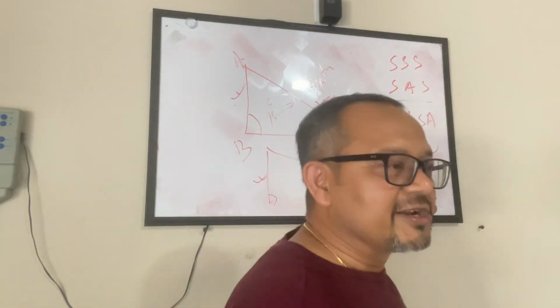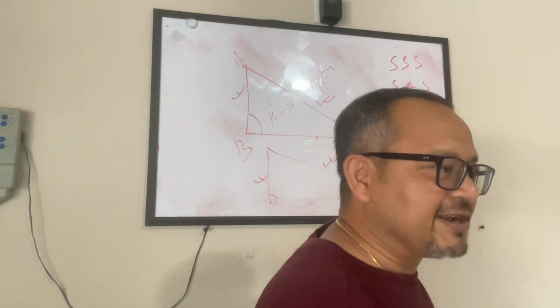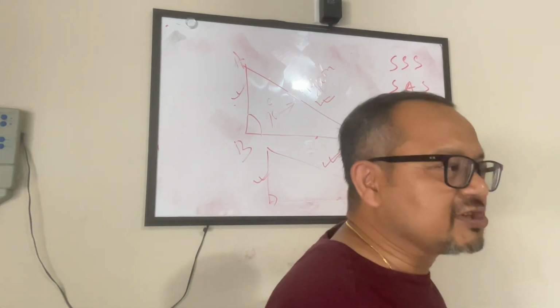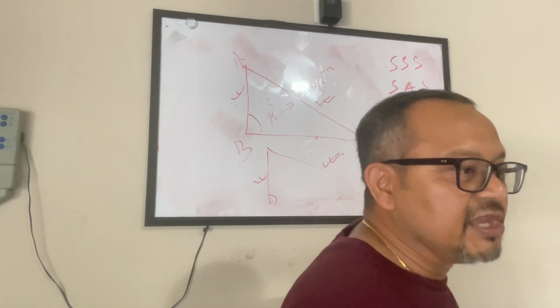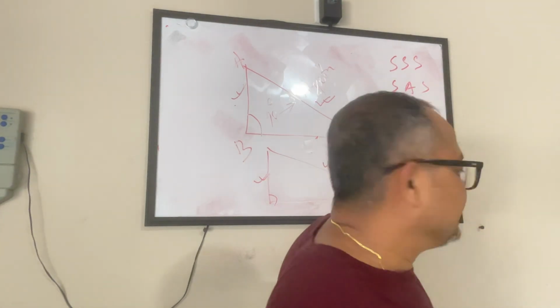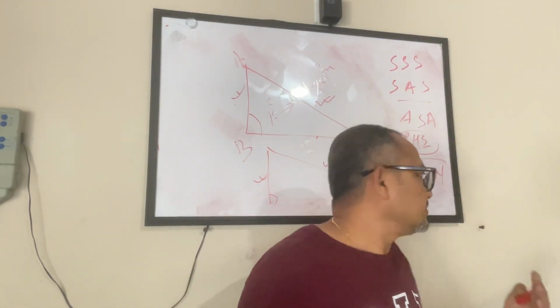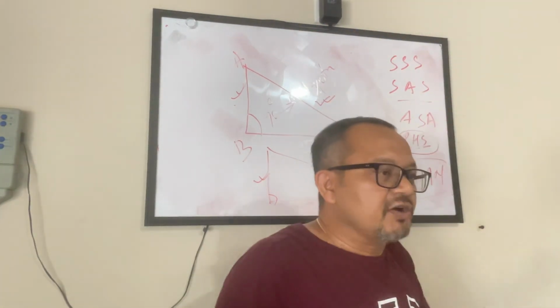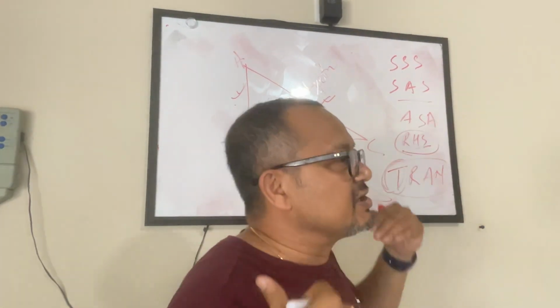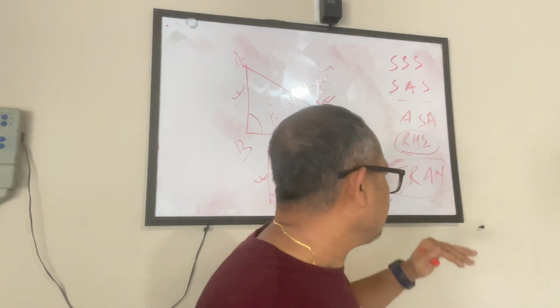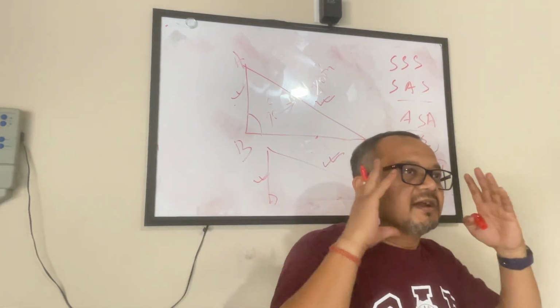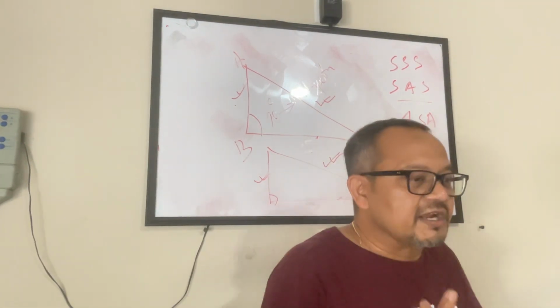R stands for read, read, read and read. When you read the question multiple times, the question becomes easier. Then you analyze how you will solve the problem. You make up your mind how you are going to solve it, what information you have got by reading it multiple times, by recollecting the formulas that you know.